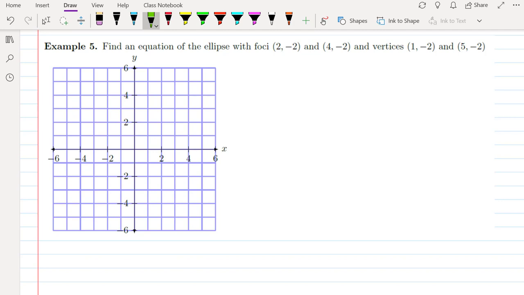Our foci are at 2, negative 2, and 4, negative 2. Our vertices are at 1, negative 2, and 5, negative 2.